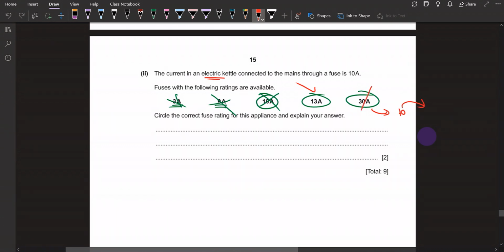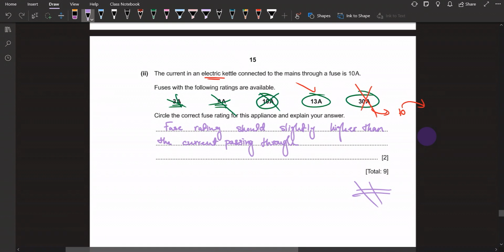So that's why this is not going to be our option as well. And we can just explain our answer: the fuse rating should be slightly higher than the current passing through. And we are done with question number 10.